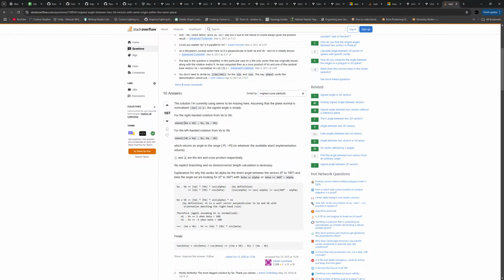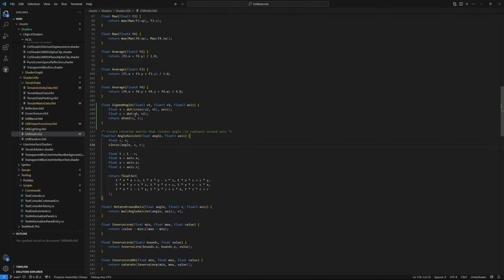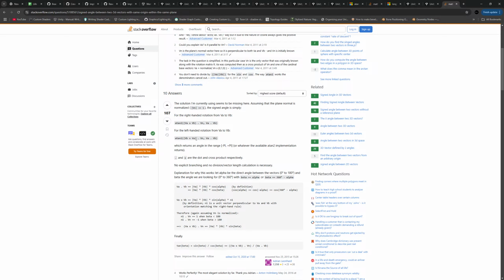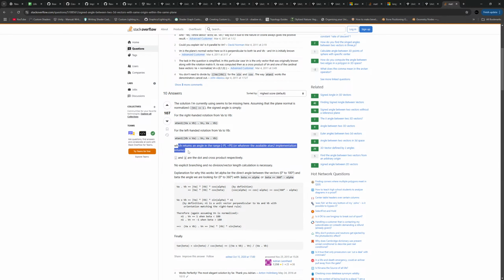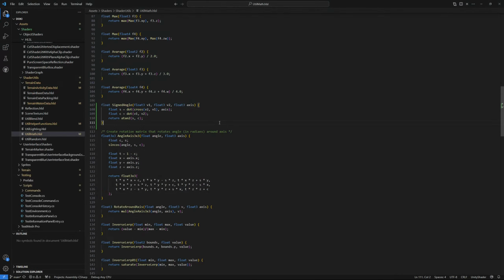Cross VB VA dot product VN, and then we do VA VB, and that's C, and then we do atan2 of S, C, which is from minus. Okay, let's try this then.